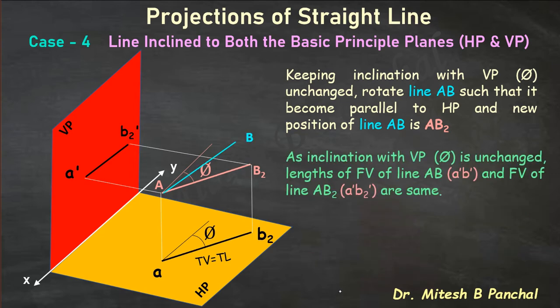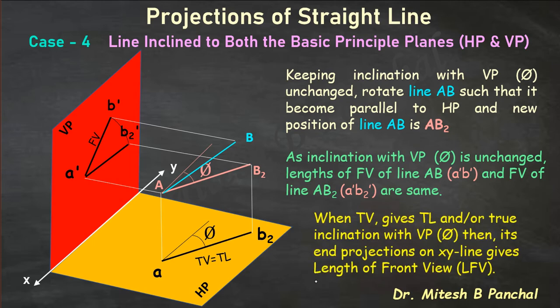Now as the inclination with VP, that is phi, is unchanged, the length of front view of line AB, that is A dash B dash, and front view of line AB2, that is A dash B2 dash, are the same, because the inclination with VP, that is phi, is the same for both line AB and AB2.